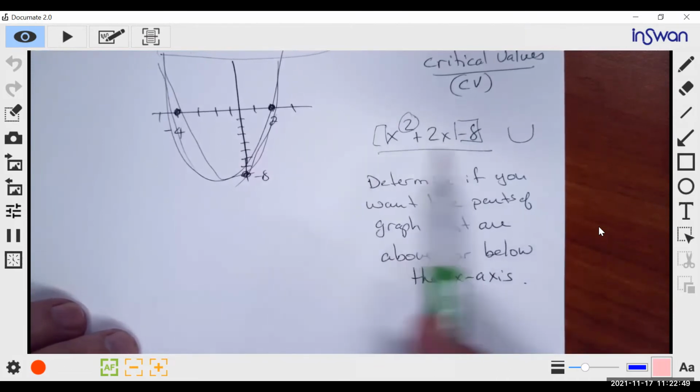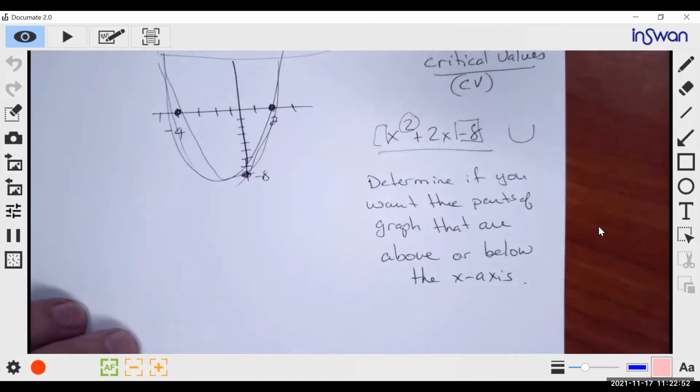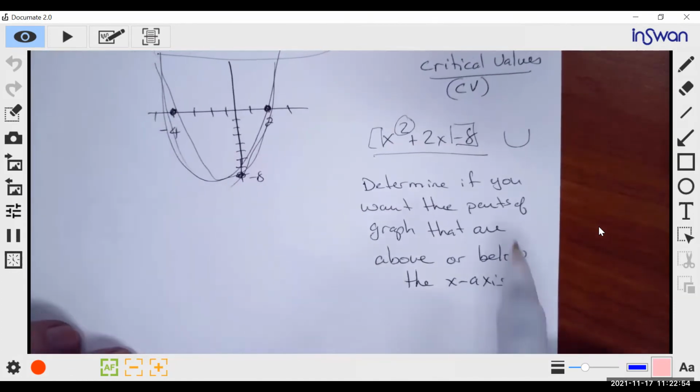Because once you factor it out, get the x-intercepts and sketch the basic graph, that's what we've been doing all along. All we want to know is above or below.